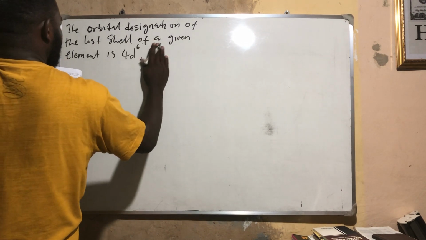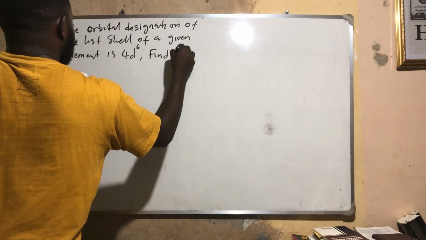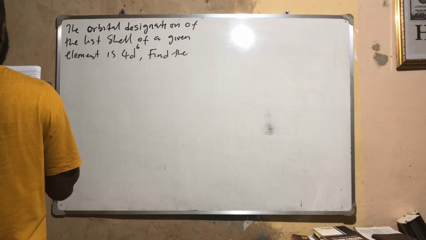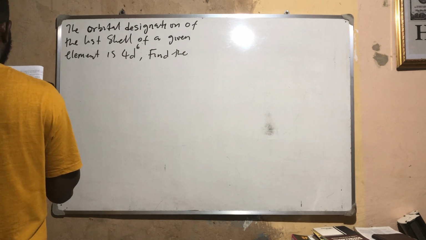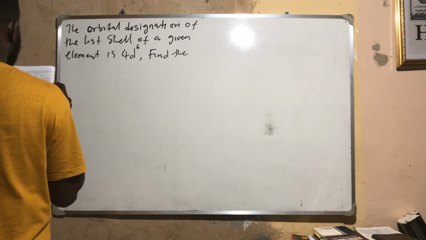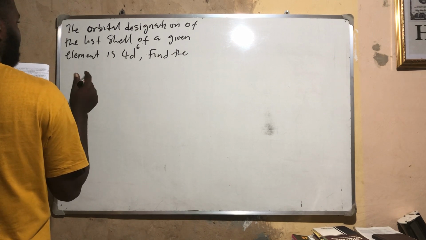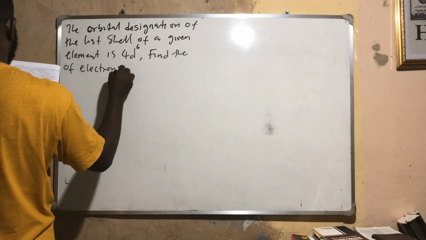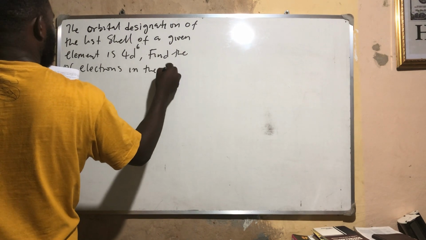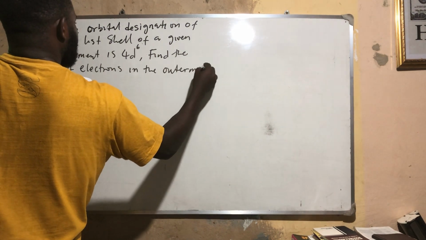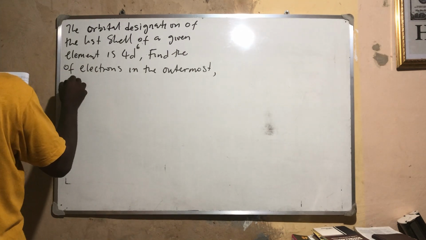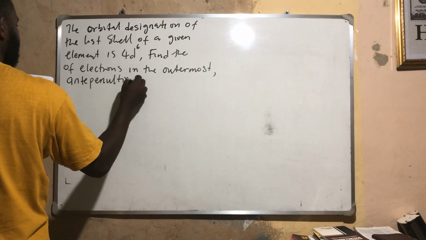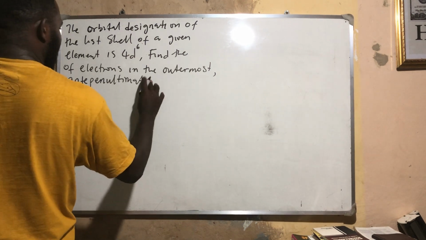Then I say find the number of electrons in the outermost shell, then find the antepenultimate and the penultimate.